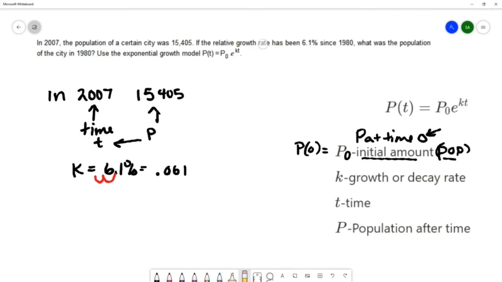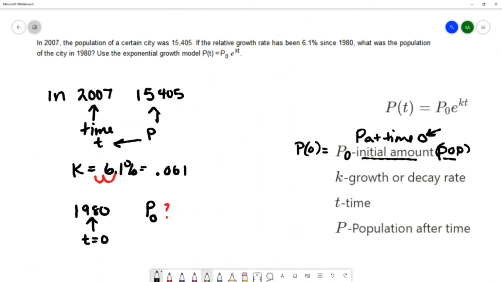So this is our growth rate since 1980. What was the population of the city in 1980? So we're going to use 1980 as our initial time, as our time 0. Our goal in this question is to figure out the initial population P naught, or P sub 0. That's our unknown.